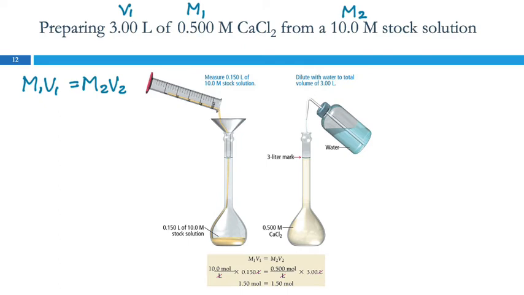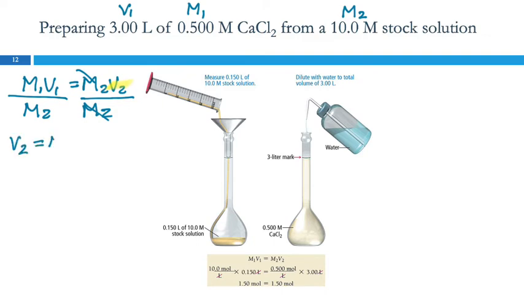So here's my equation, and I'm trying to find the volume so that I know how much of my concentrated solution to put in there. So what I'm trying to find is volume 2. I have volume 1 and molarity 1. I have molarity 2. I want to know the volume. So I have my equation, and then I'm going to have to rearrange it. If I divide both sides by M2, then I get V2 by itself.